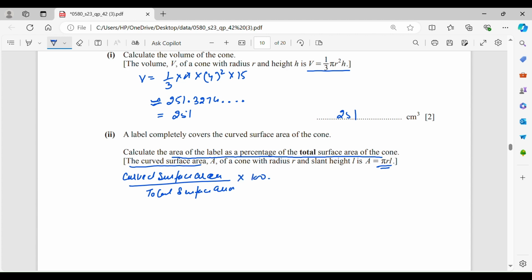So this we need to find. Curved surface area is pi RL, over total surface area, which is pi RL plus pi R square.